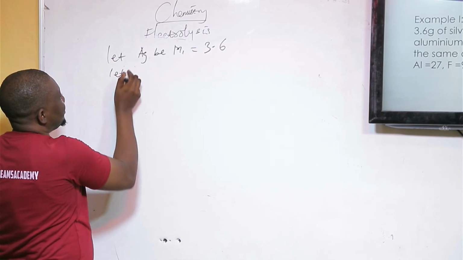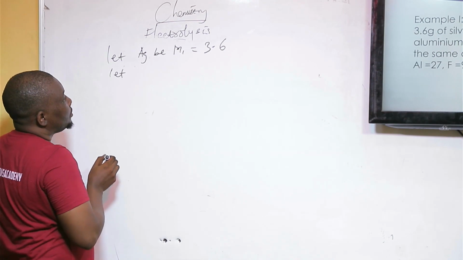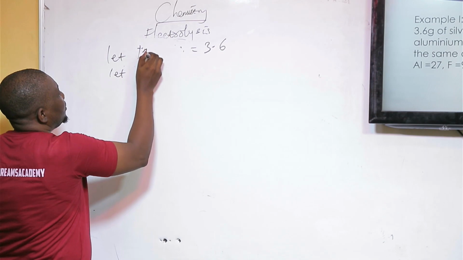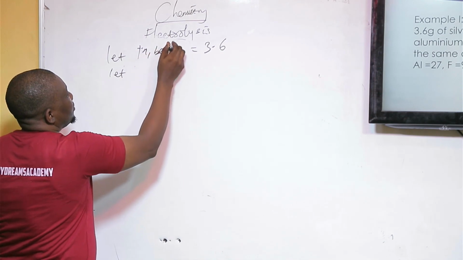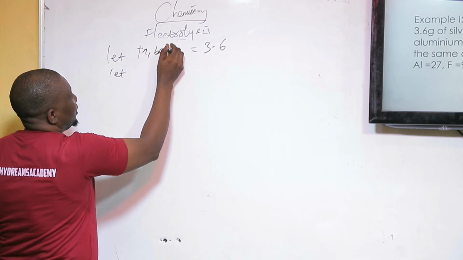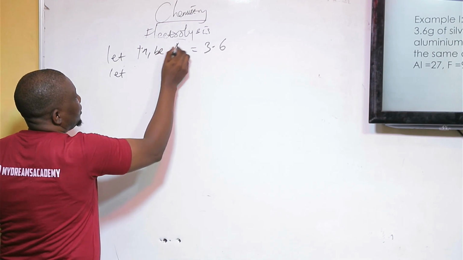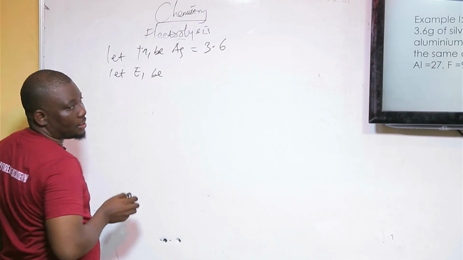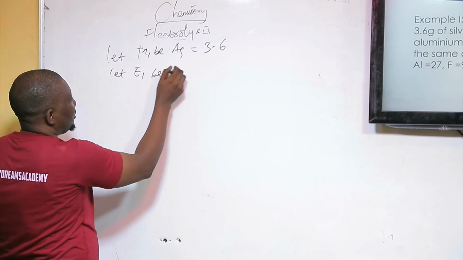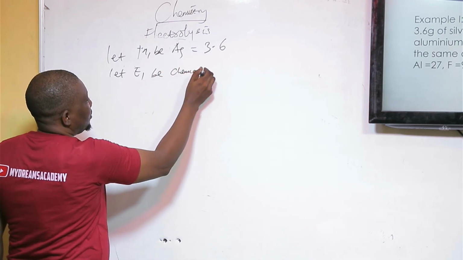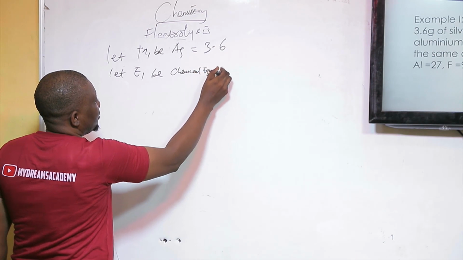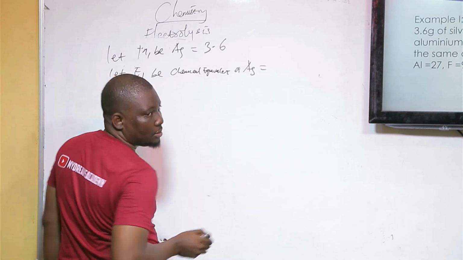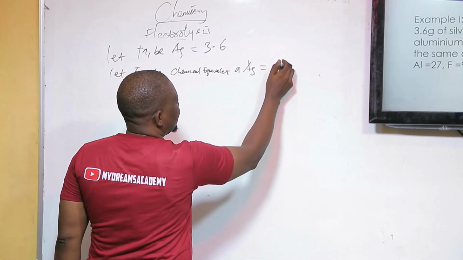Now, let M1 be the mass of Ag. Let E1 be the chemical equivalent of Ag, which is 108.